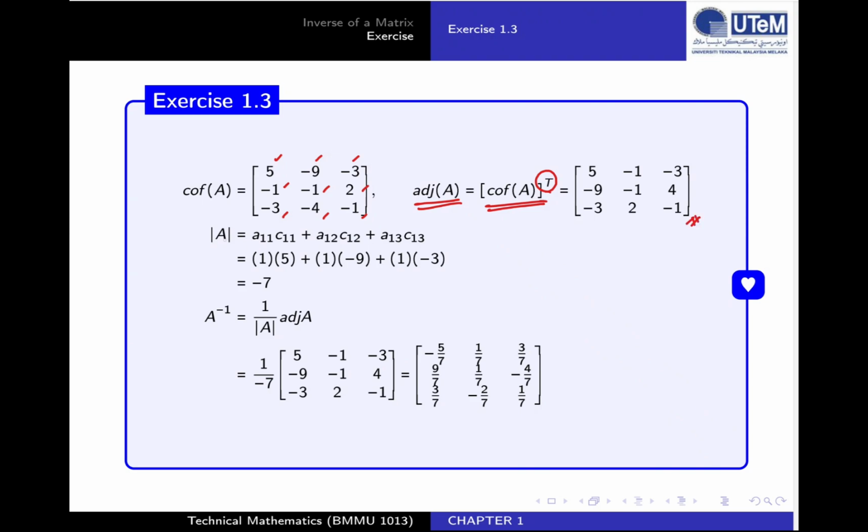And then we can find the determinant of matrix A equal to -7.